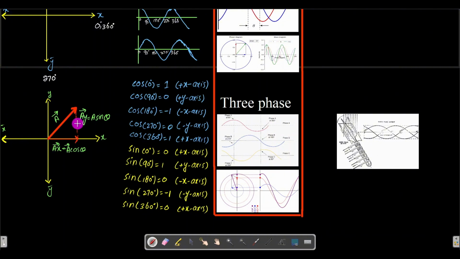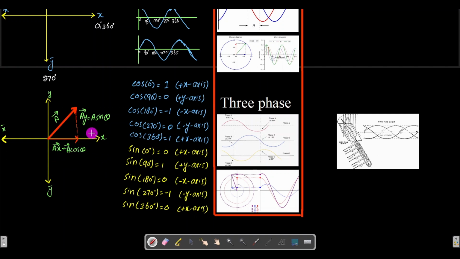So this is the y component of this vector, this is the x component of this vector. The y component ay is equal to a sin theta, and in the x axis we have ax, which is equal to a cos theta. It means that in the y axis we will have the sine value, and in the x axis we have the cos value.